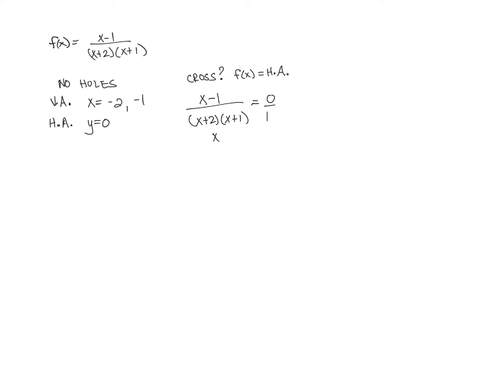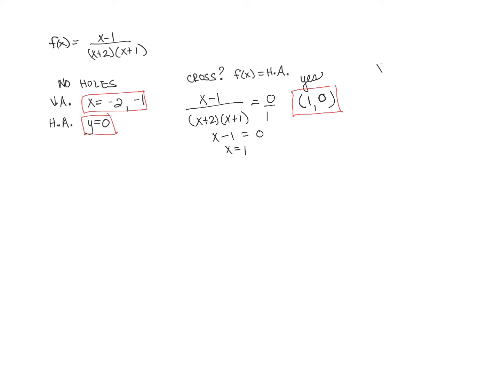If we cross multiply, we get x minus 1 equals 0 or x equals 1. So yes, it does cross, and if I plug that 1 into the original equation, I'll get 0 over something, but it's still 0. So at this point, we have where it crosses, and we have vertical asymptotes and horizontal asymptotes.